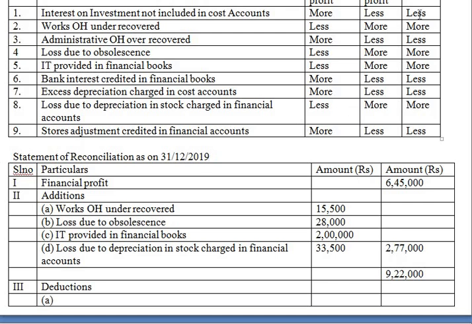Wherever we have got the result as less, all those transactions are to be taken here. First transaction, amount is 40,000.